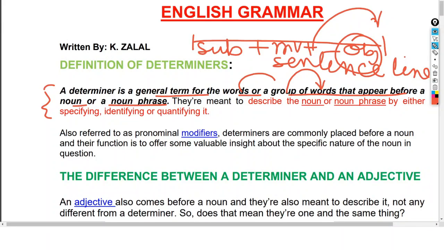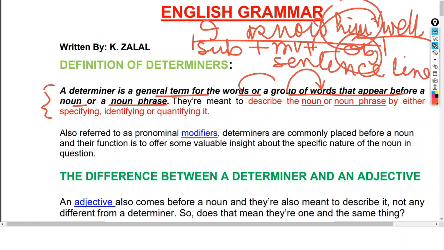This object part will include the predicate, meaning the object and its related terms. Supposing I am writing, I know him, I know him well. Now see, this is the verb, this is the subject, and this part is called the predicate. This is the subject part and this is the predicate part, and in the middle there will be the verb. So this is the basic structure of the sentence.